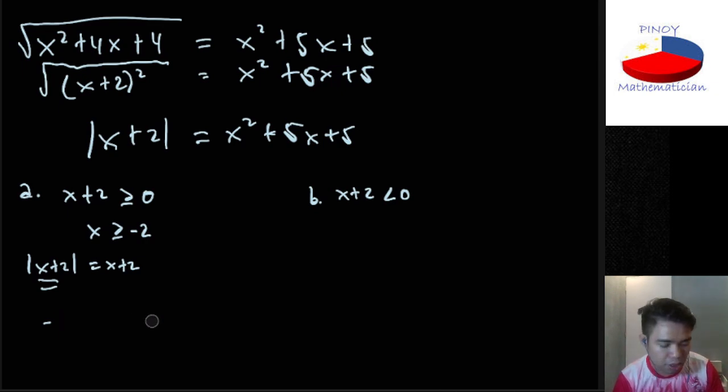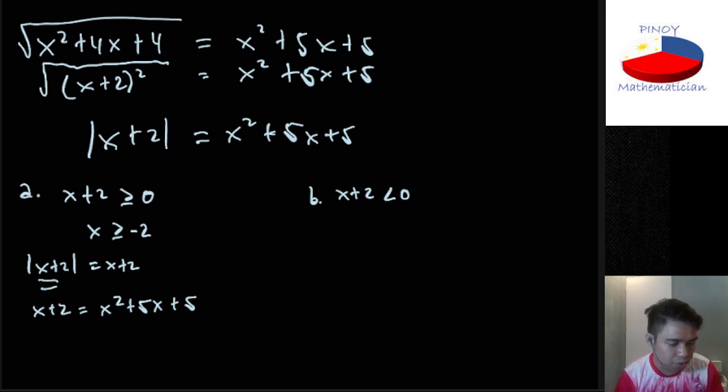If you replace x by -1, -1 plus 2 is +1. So it's the same even without the absolute value. We're going to solve this first. In this case, x plus 2 equals x squared plus 5x plus 5.